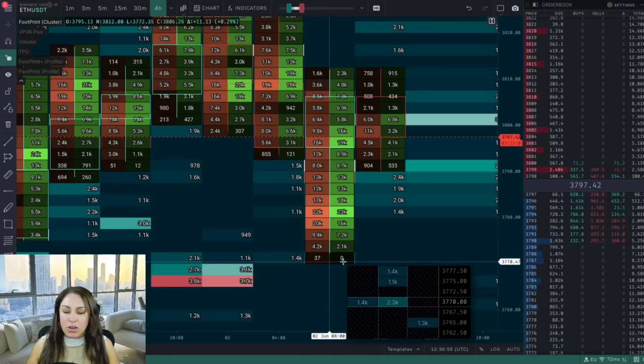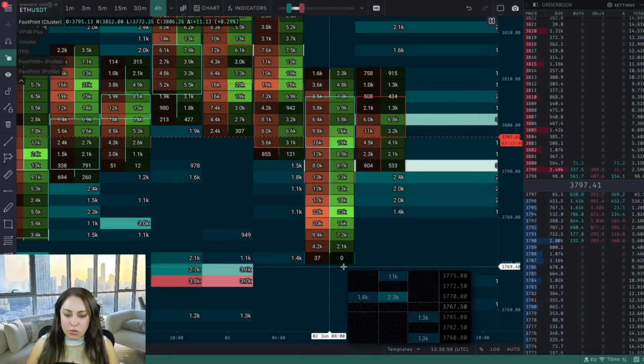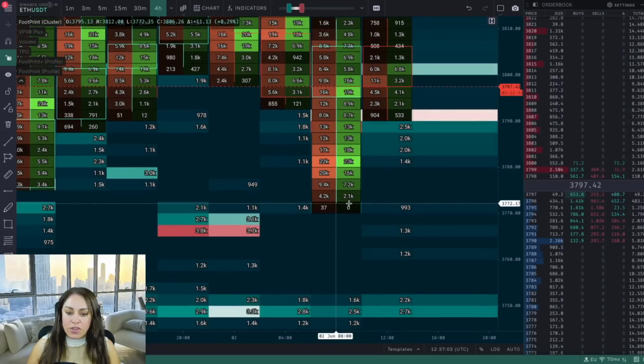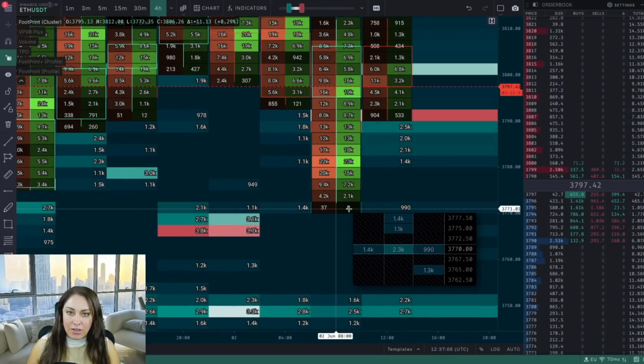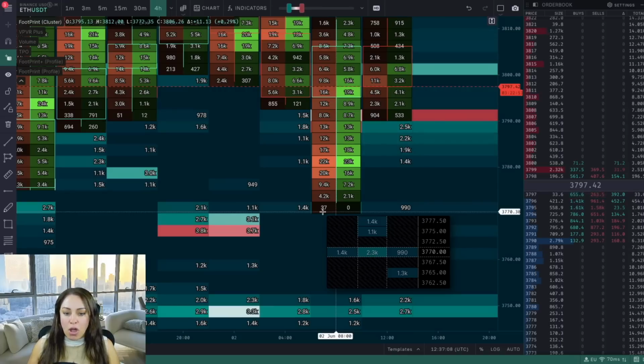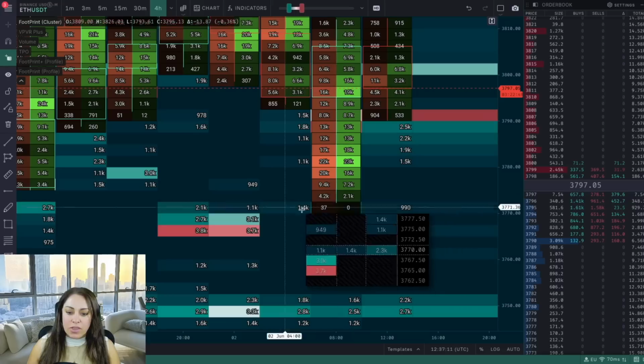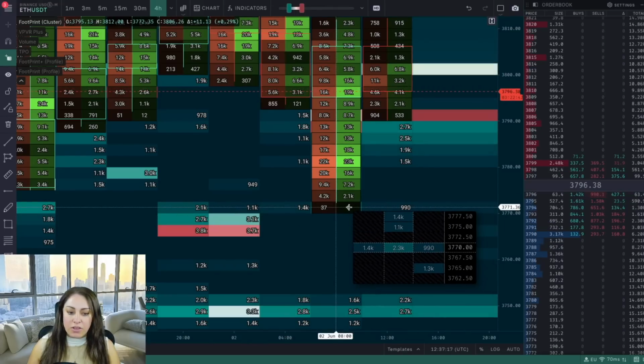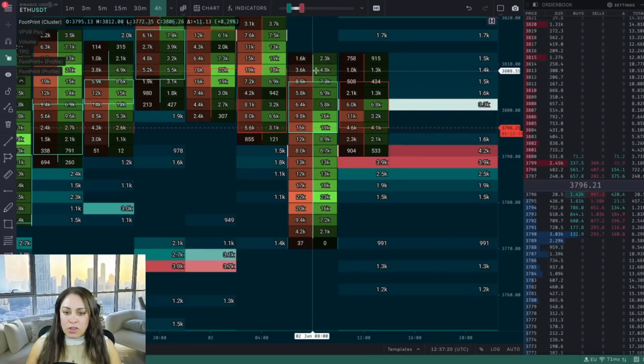There has to be someone on the other side of the trade. So as this was pushing down, see how on the green side, that number went to 0. That means there were no more buyers down here, and therefore the shorts could not push price any further down. That was the best that they could do at that point in time, and that was at about 37.70 at the time. That's when we saw this aggressive push.